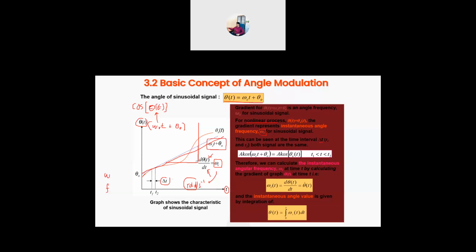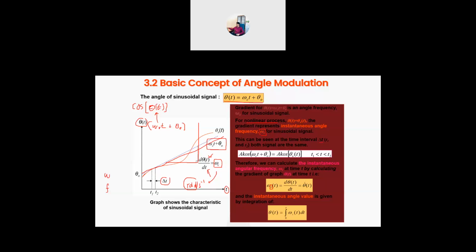This is mathematics. Therefore, we calculate the instantaneous angular frequency ωi equals dθ over dt. This is valid for all, but depends on which t you are taking. So this is the instantaneous angular frequency.